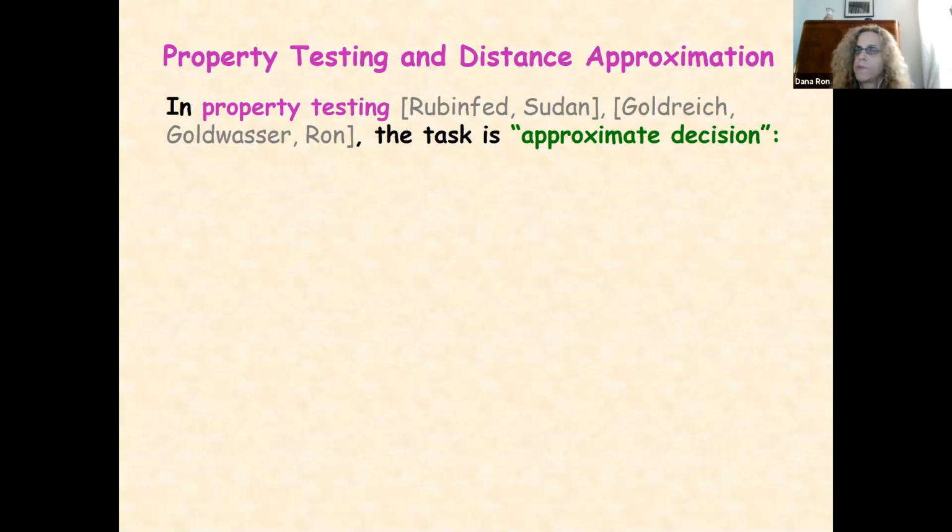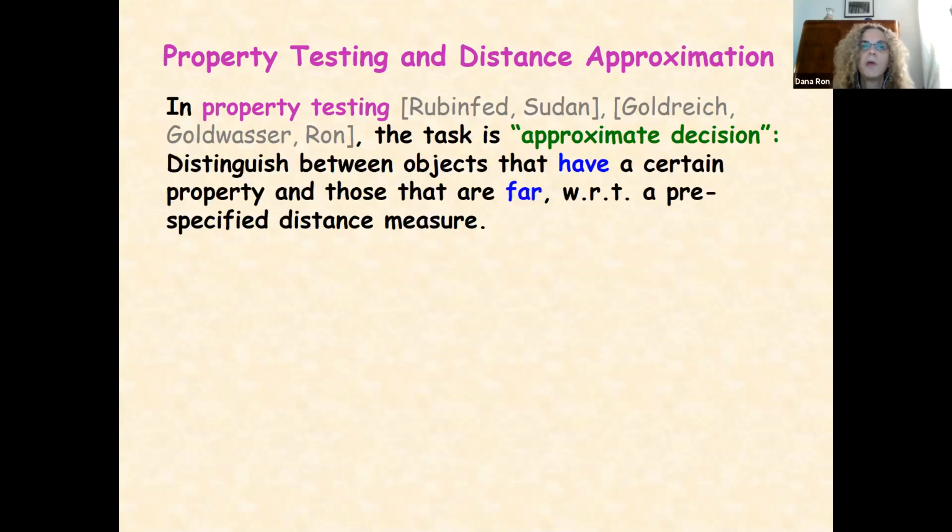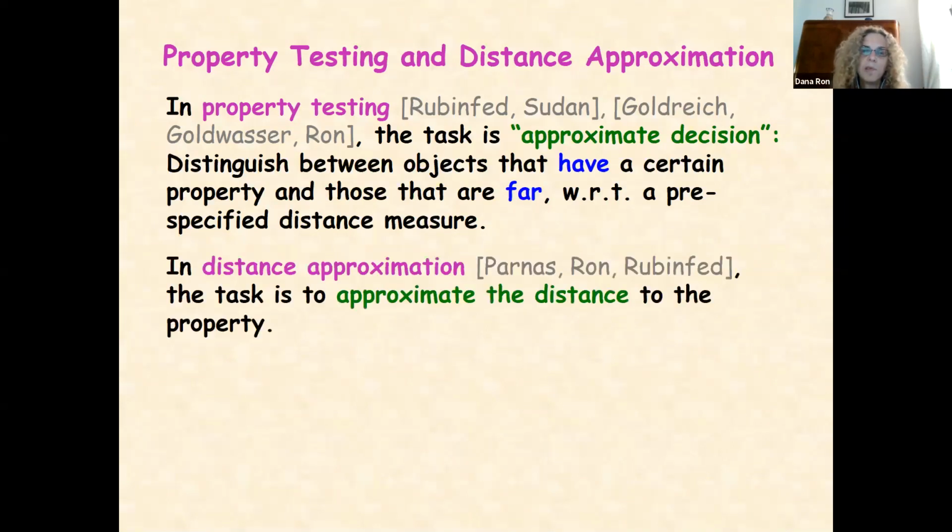That sounds odd at first hearing: what do you mean, decision is yes or no, it can't be approximate. Well, what we mean is that we want to distinguish between objects that have a certain property and those that are far from having the property, where far is with respect to some pre-specified distance measure. And in distance approximation, the task is to actually approximate the distance to the property.